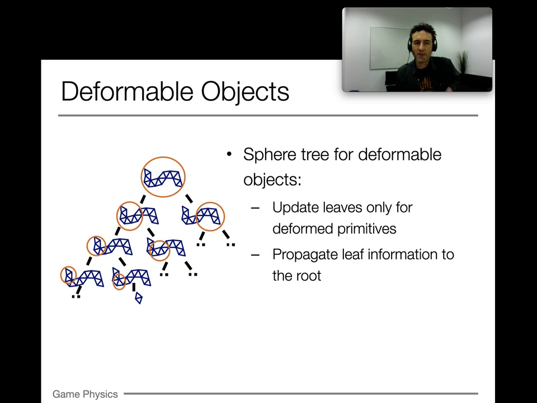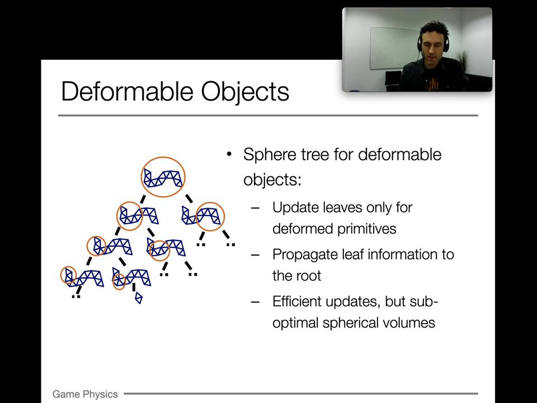Again, there are too many different variants to do this. I don't want to go into all the detail here, but you can imagine that there are efficient strategies, or at least some strategies, to update the hierarchies to also accommodate deforming and changing objects. Especially if I don't do any additional splitting, then I would potentially get shapes that are suboptimal, like spheres that are too big.